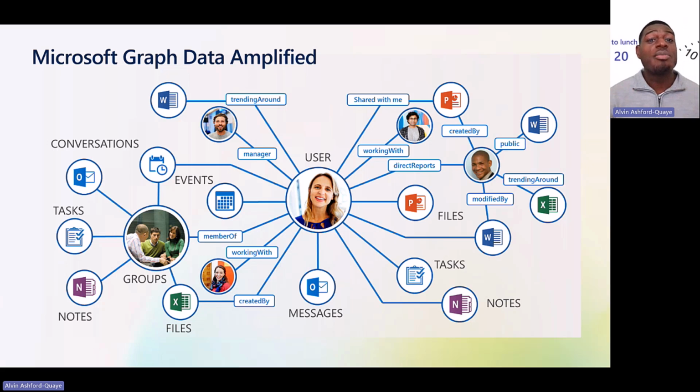This is the documents that we're working on, the communication that we have, the events that we have in our calendar, and also the relationships that we have with other users across that M365 estate. What's interesting is when you start to apply some people science to that information, there's some real good business intelligence that you can gain from that graph data when you look at it at an aggregated level. And that is the purpose of Viva Insights.